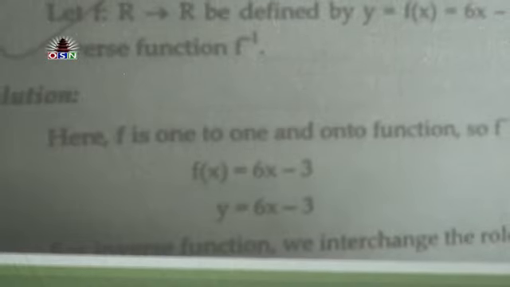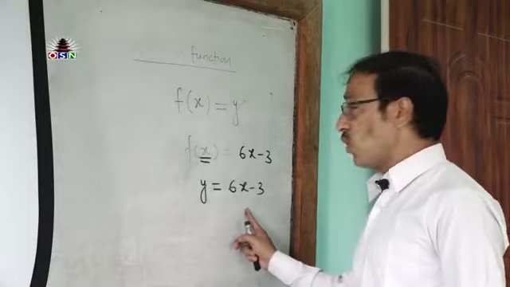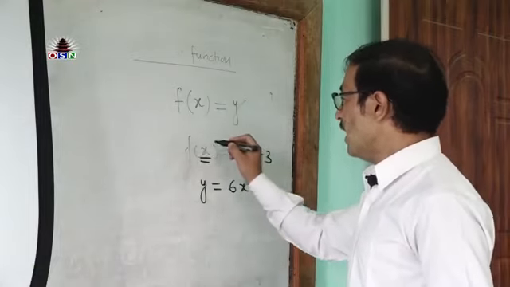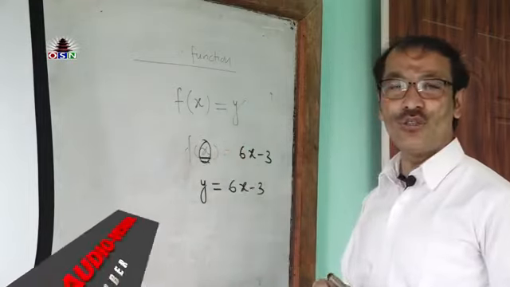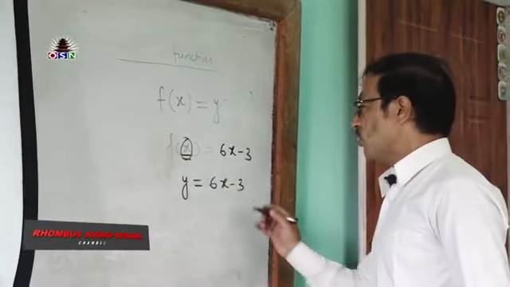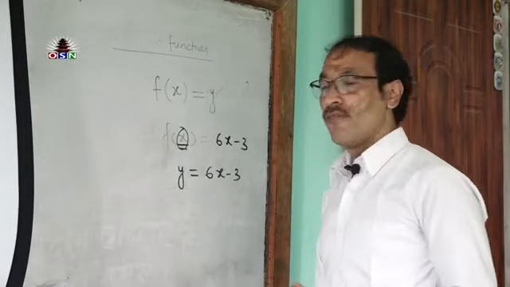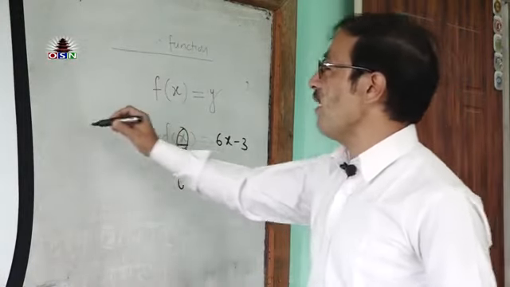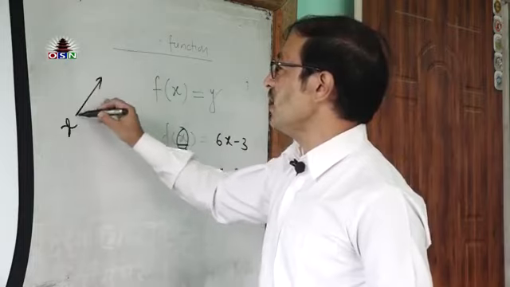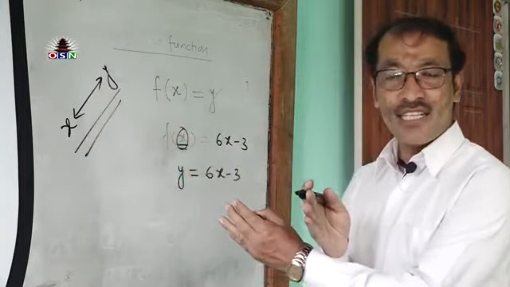To find its inverse function, just change the role of x and y. Role of x and y means input is changed into output and output is changed into input. So input and output will be interchanged.